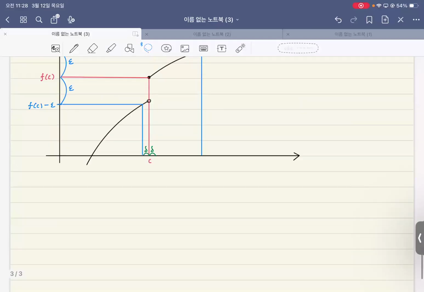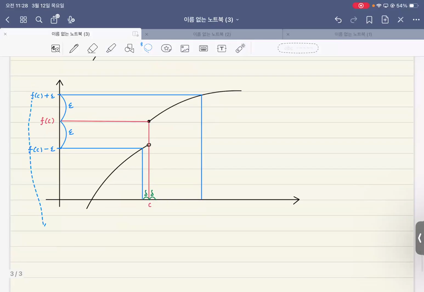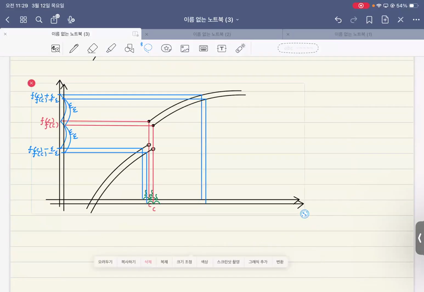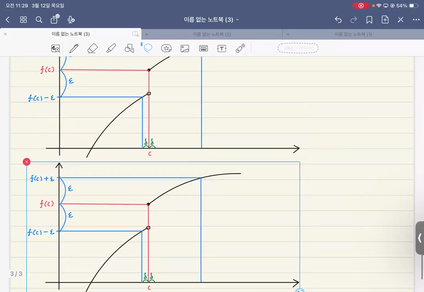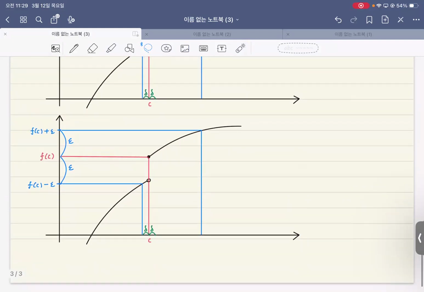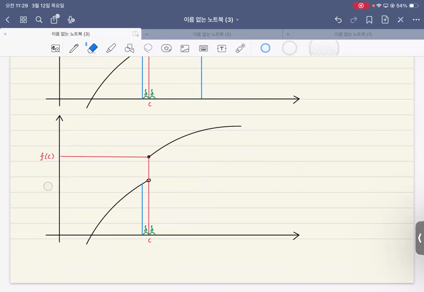All right, but this time I will choose an even smaller epsilon.